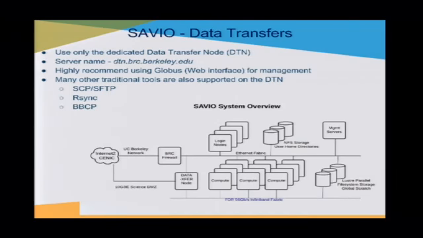Even if either source or destination goes offline for some time, it will auto restart the transfers, and at the end you will get an email that the transfer finished. So it's a managed service, so that's really helpful. If you're doing a lot of data transfers, a lot of files on a regular basis, I highly recommend using Globus for that.